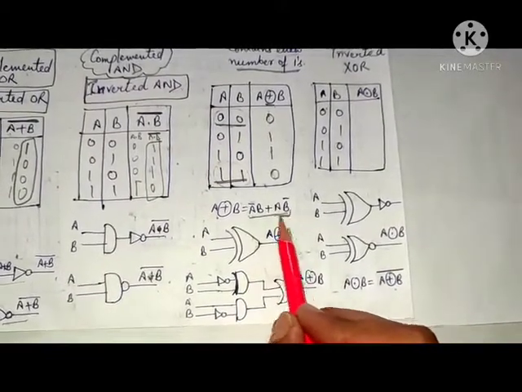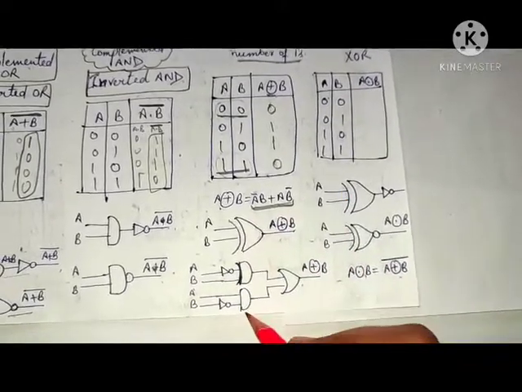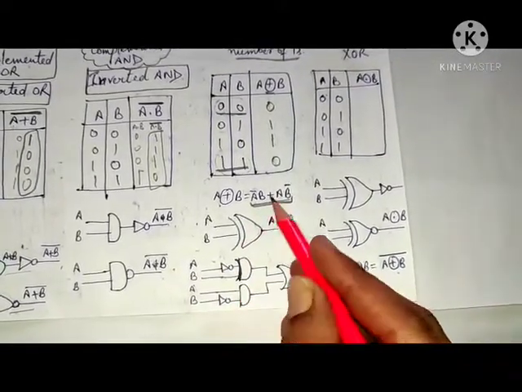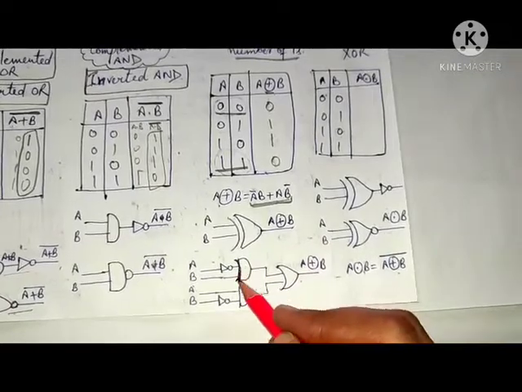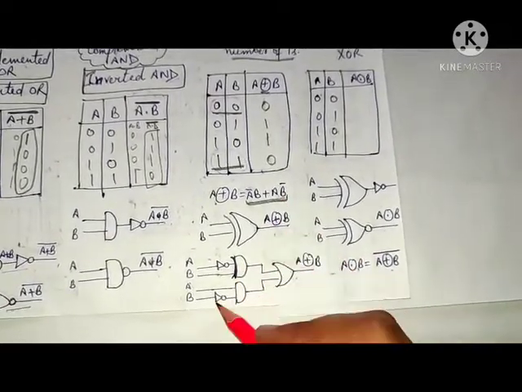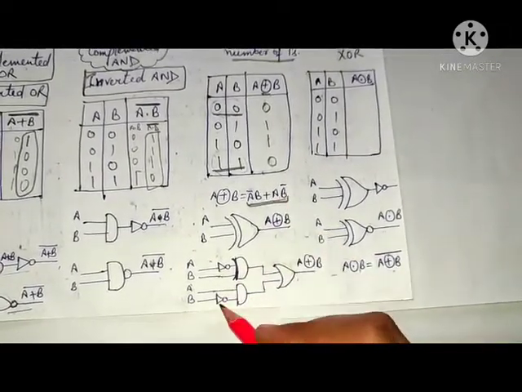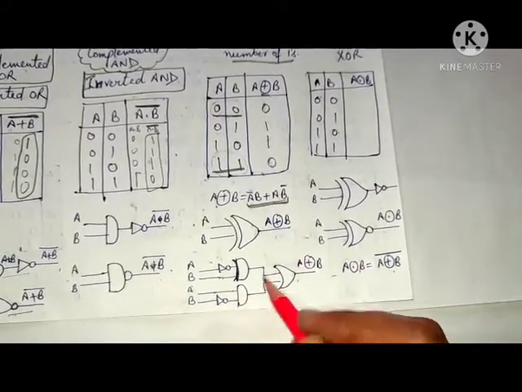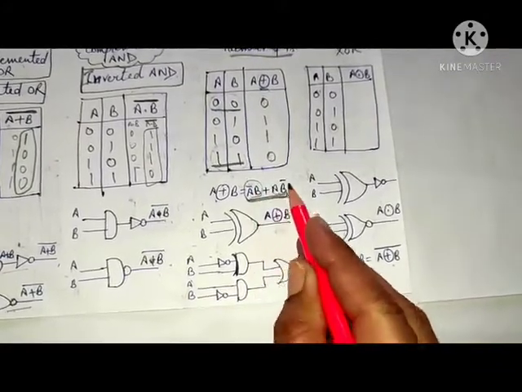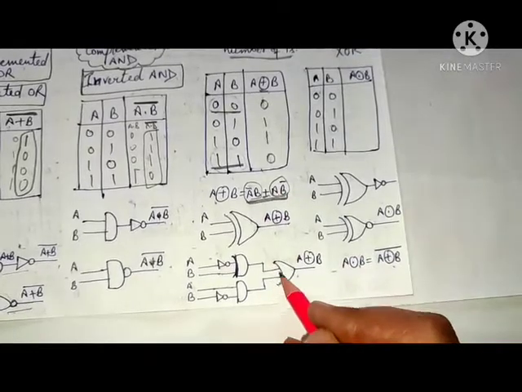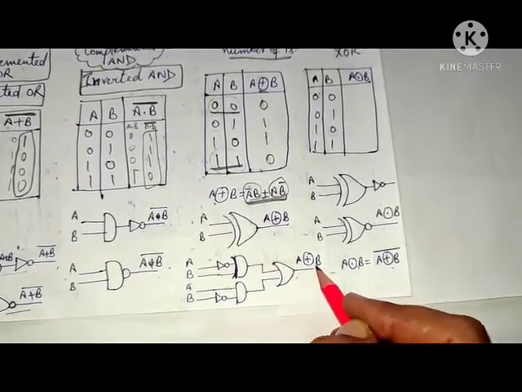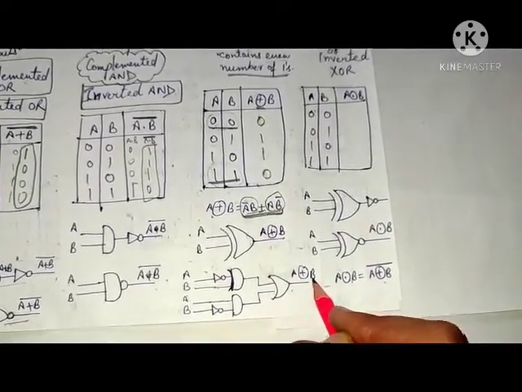And for this, we can represent it like this also. A complement B, the AND of both, and A B complement, the AND of both, and what did we do with these two? We took the OR. Yes, so this is also XOR.